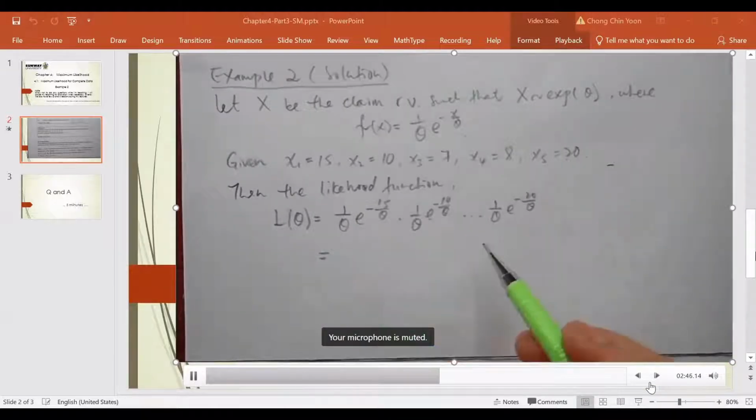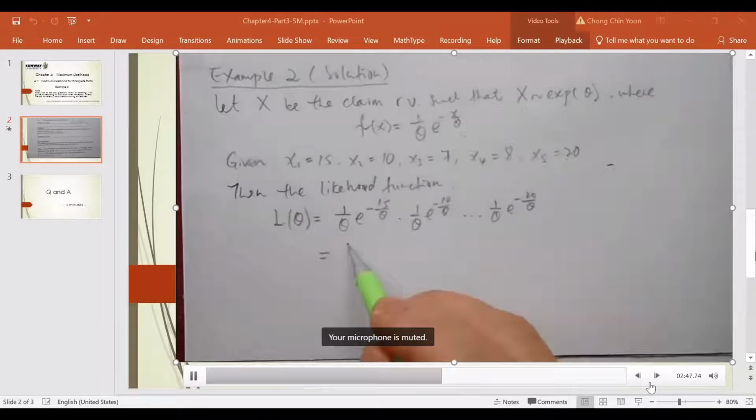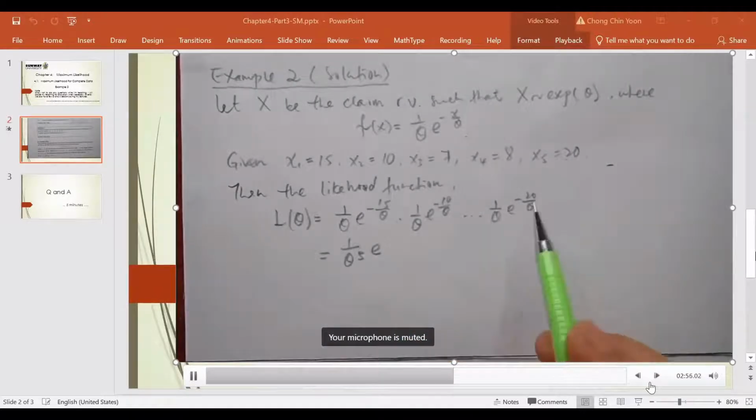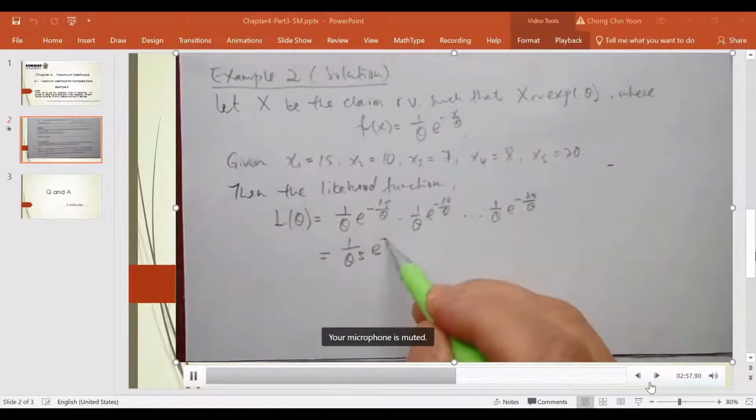Next, we try to simplify. We will have 1 over theta to the power of 5, and sum up all these indices, we will have negative 60 over theta.